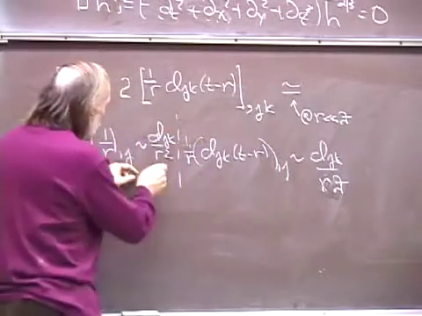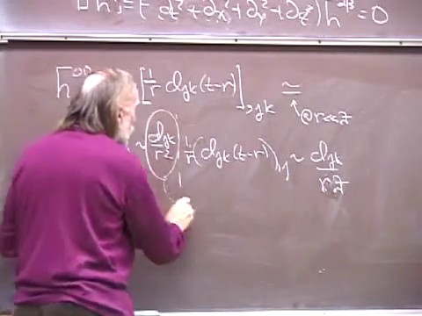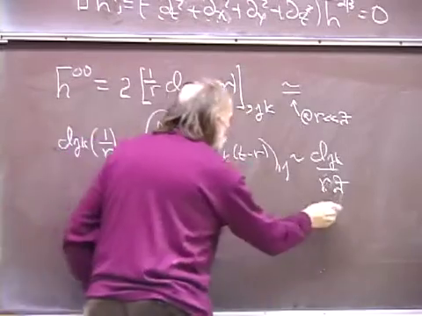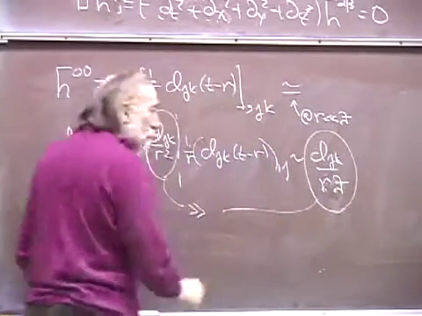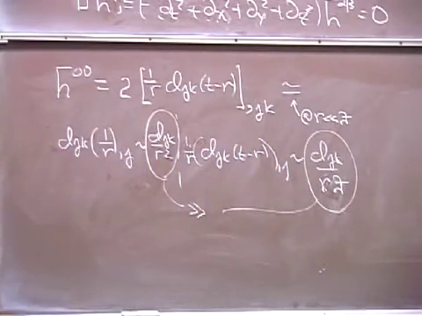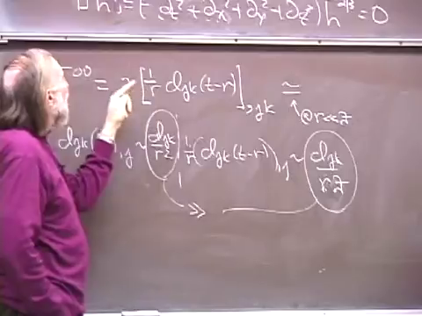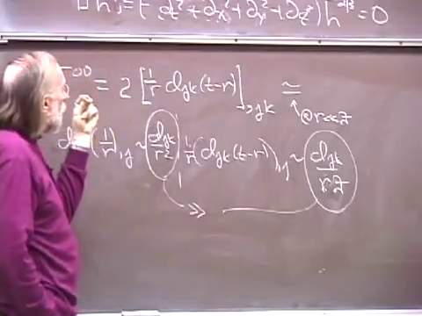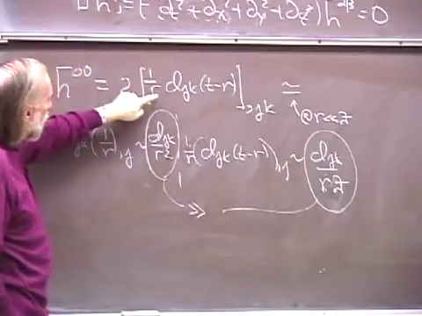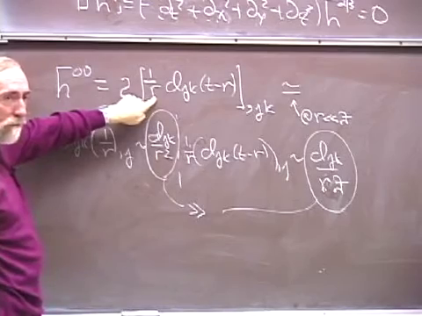The statement is that the first is big compared to the second. And so in the local wave zone, in the weak field near zone, at small radii, I only want to differentiate the 1 over r to get an answer.